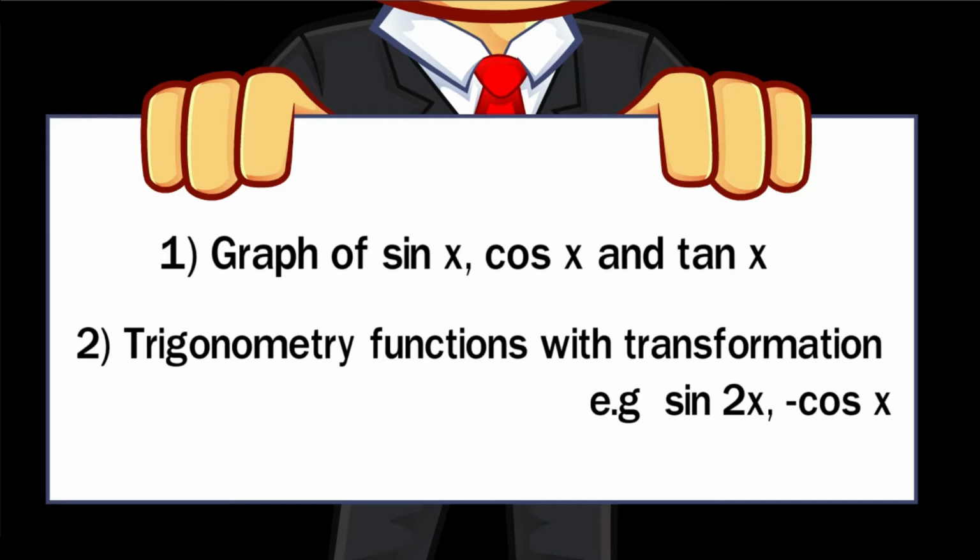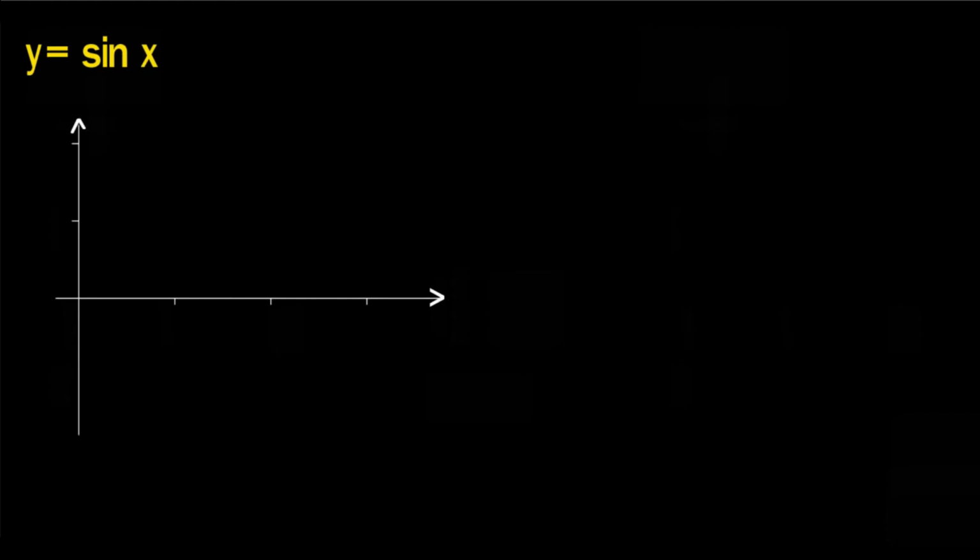So let's start. First we want to know the basics on how you can actually draw sine x. So y equal to sine x. First thing, you draw out the axis, x-axis and y-axis. Then some of the key data points for the x-axis are 0, pi and 2 pi.